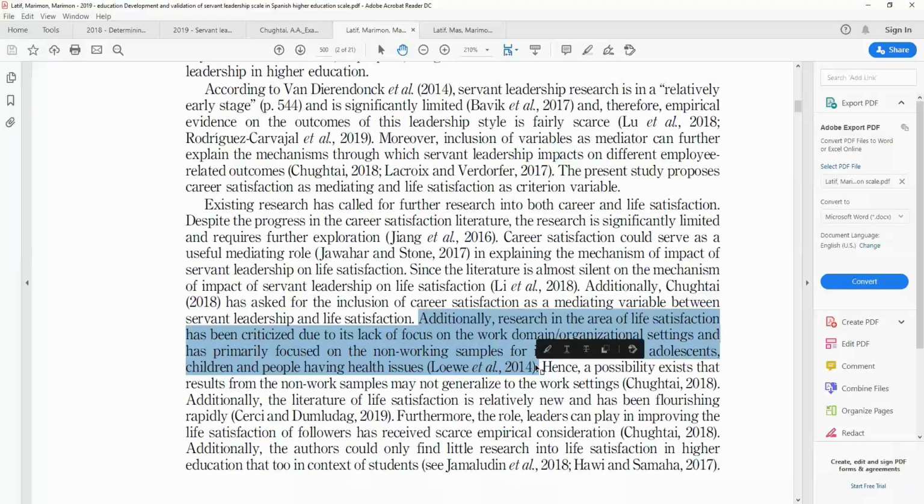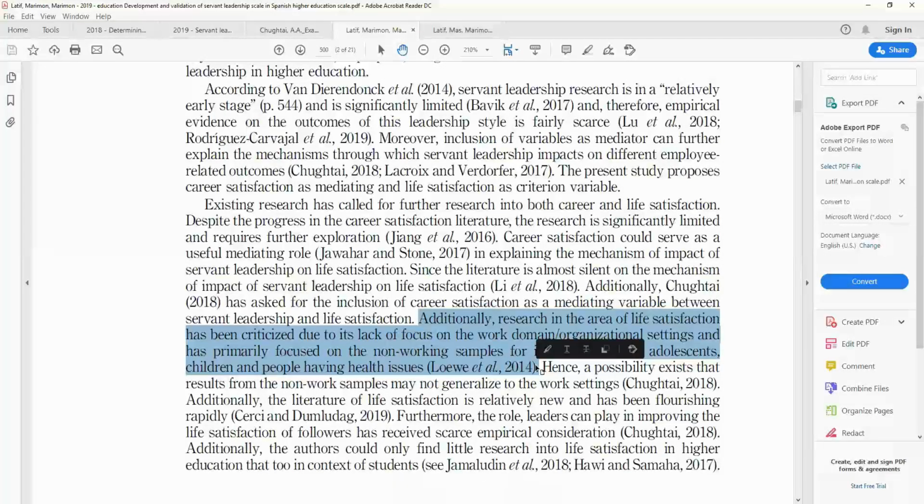And higher education institutions or universities are key organizations that work in our society. So when you read through these papers, you identify the limitations from their introduction, from their limitations and future research directions. And then you use that text in writing your own introduction.